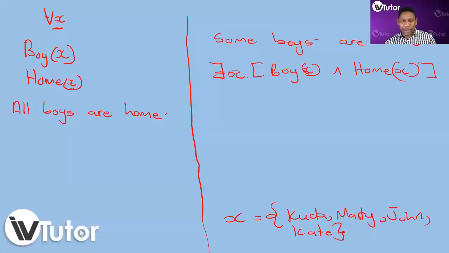Do you agree with my reasoning? x is a boy and x is home. Do you agree with my reasoning? There is some boy who is at home.